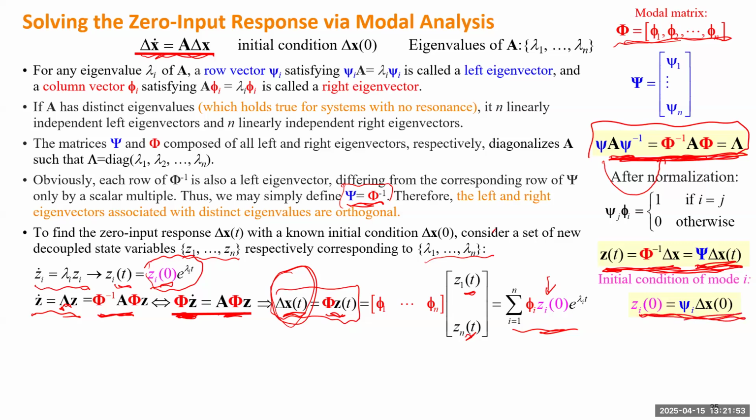It says that if we know the initial state of the original state vector multiplied by the left eigenvector of mode i, you will have the initial excitation of mode i. Now you plug this in here. So finally, we have the final formula using the left and right eigenvectors to solve the response.